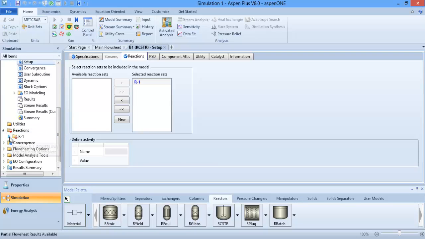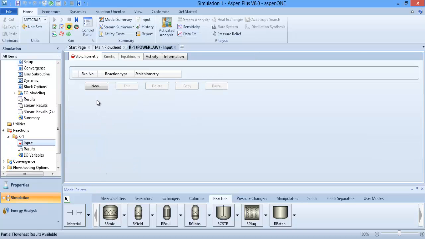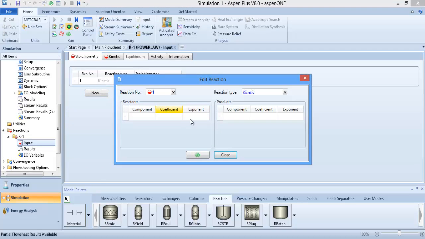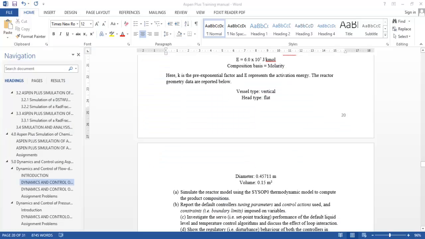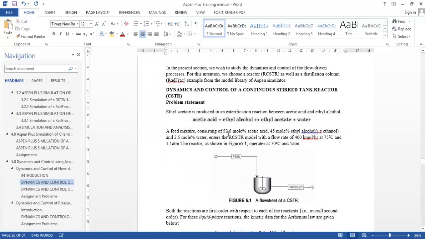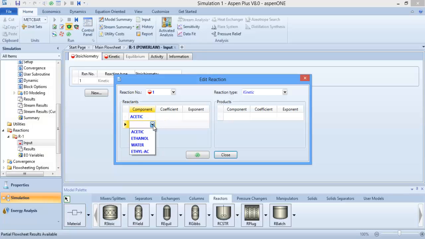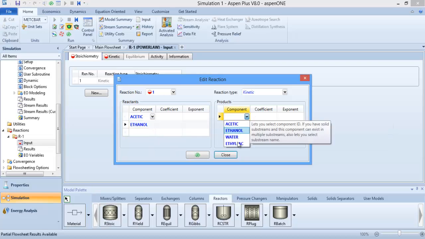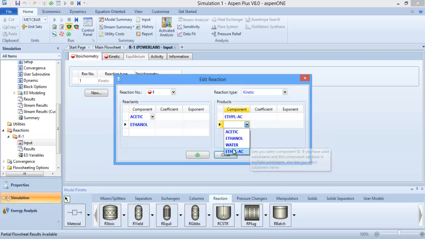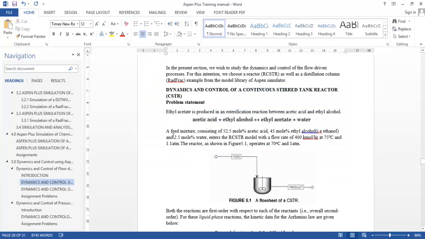Under reaction, this reaction that was added to the reactor needs to be defined according to the stoichiometric reaction by adding new. The component is acetic acid. Acetic acid is reacting with ethanol to produce ethyl acetate and water. The stoichiometric coefficient will be -1 for the reactants and 1 and 1 for the products.